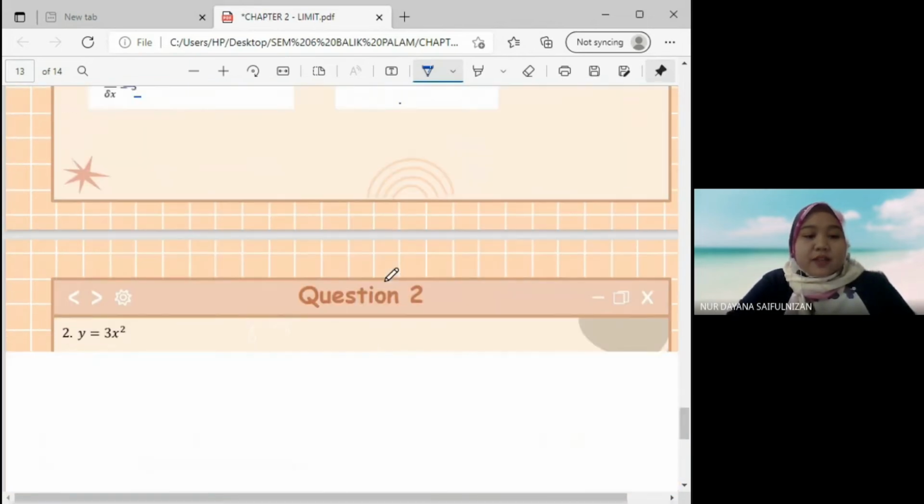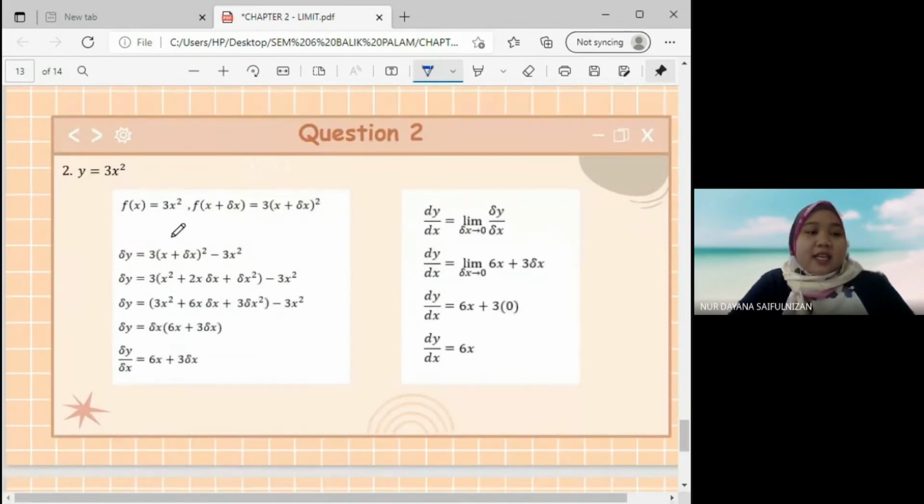Okay, so the second question is y equal to 3x squared. As I said before, y equal to f(x), and f(x) is the same as the value of y, which is 3x squared.